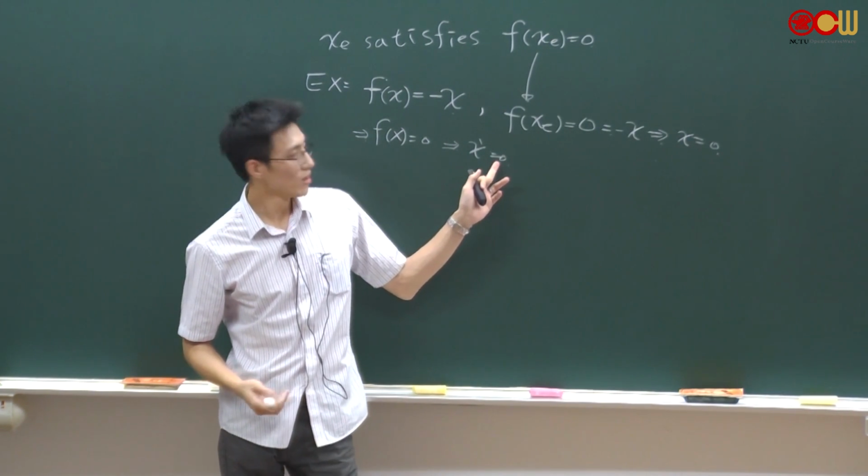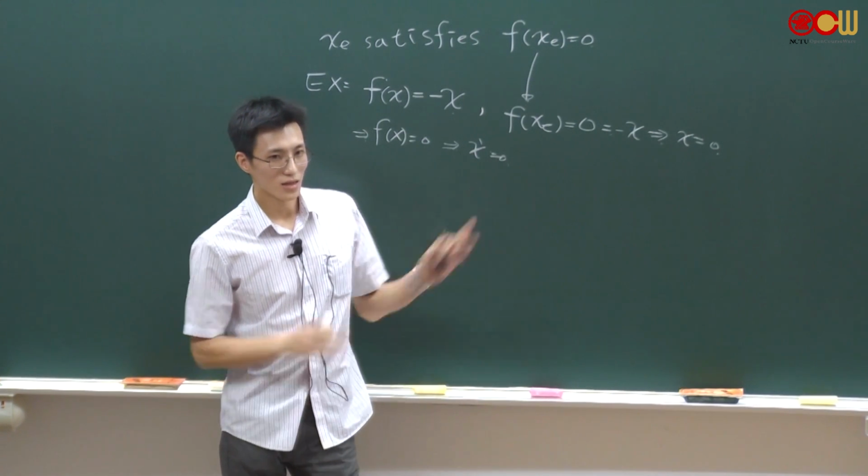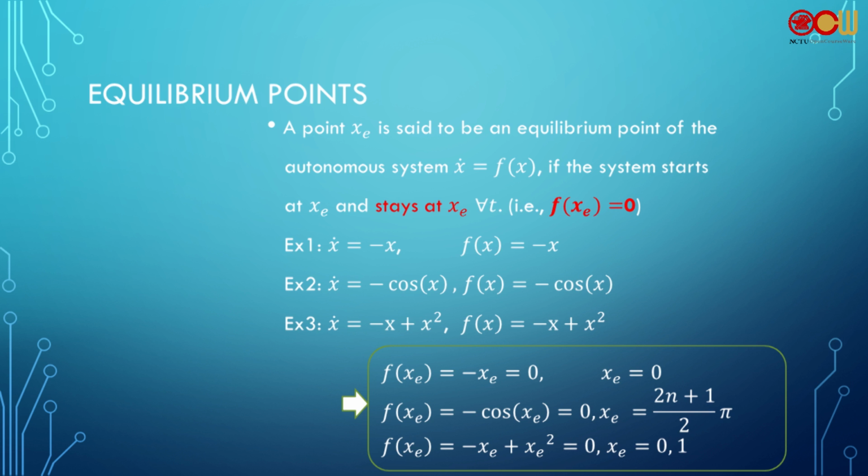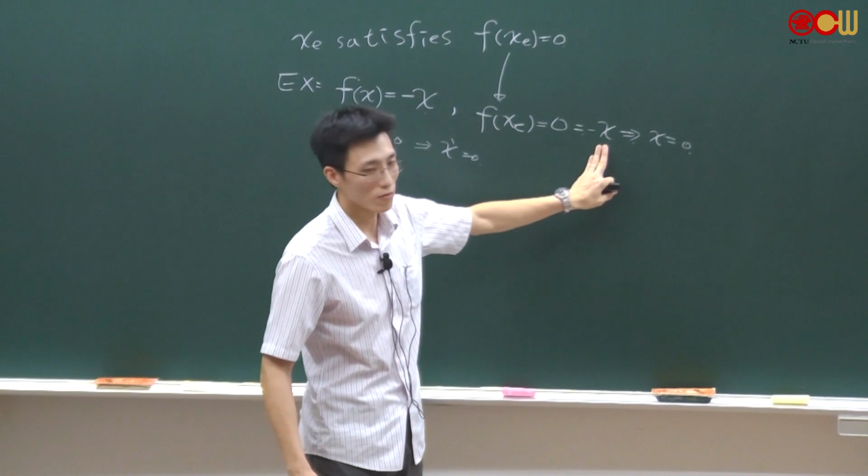If this is 0, that means x doesn't go anywhere. It stays there for all time. So whenever you substitute x into here, this should be 0. You can solve for x in the reverse way: let f(x) equal 0, then solve for x.